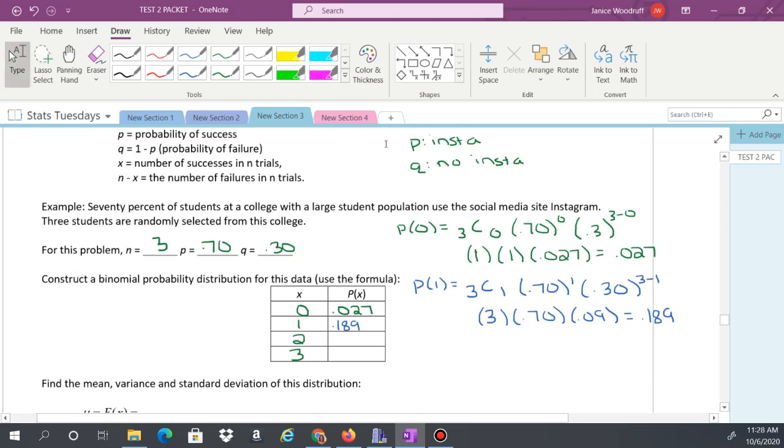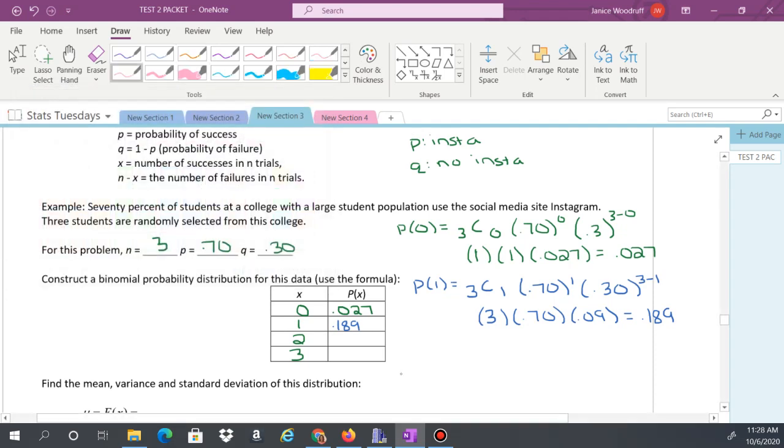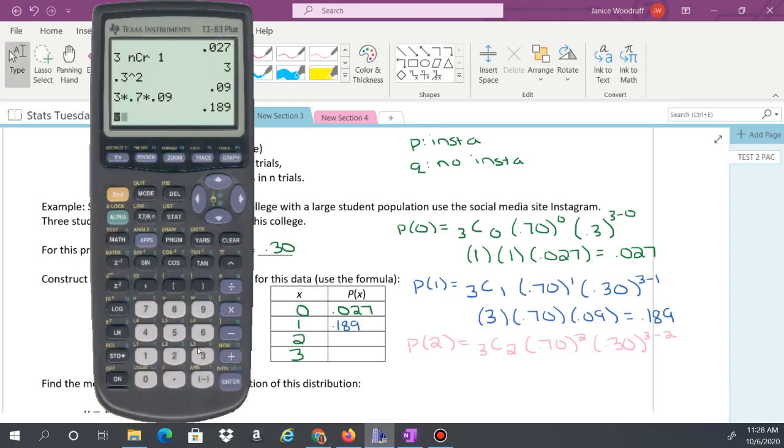All right, now we'll do it with 2. Let's go pink here. So the probability of 2: you have 3C2, 0.70 to the second power, then 0.30 to the 3 minus 2. So let's do each of those. 3, math, probability, nCr, 2. That's going to give us 3.